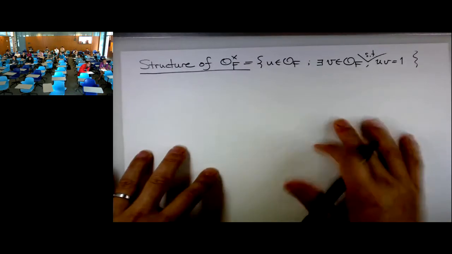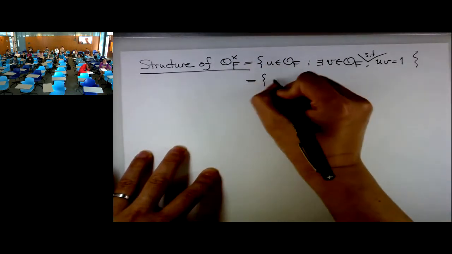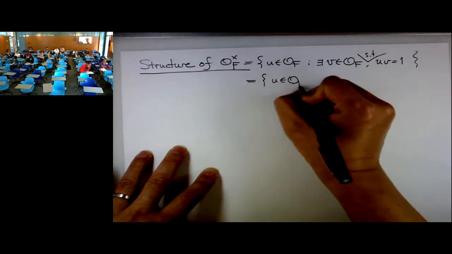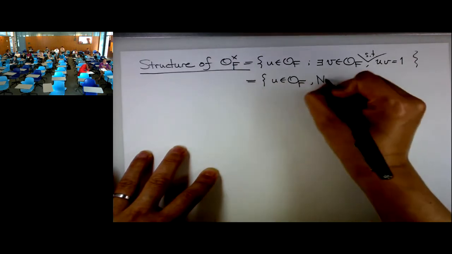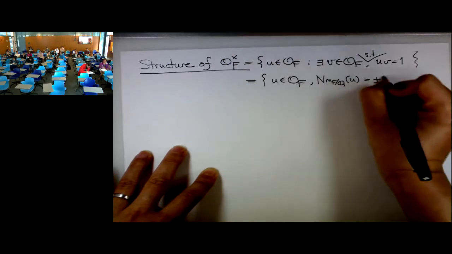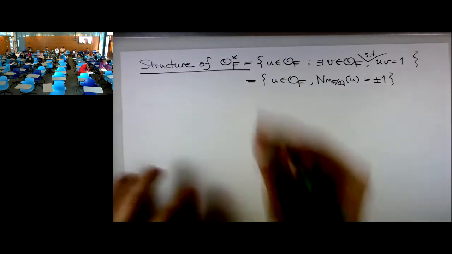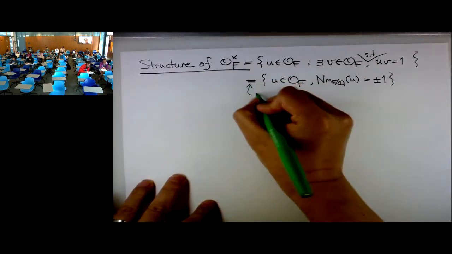Okay? And I'm going to prove this in a minute. So that's the same as an element in the ring of integers with its norm being plus or minus 1. This may be another way to see it. Okay? Let's check this.